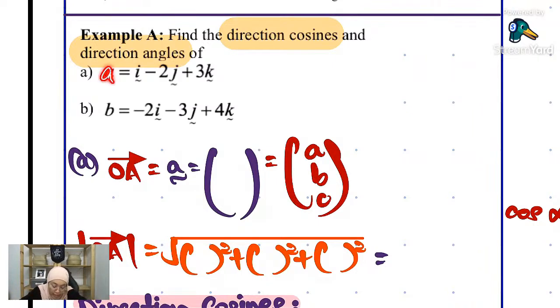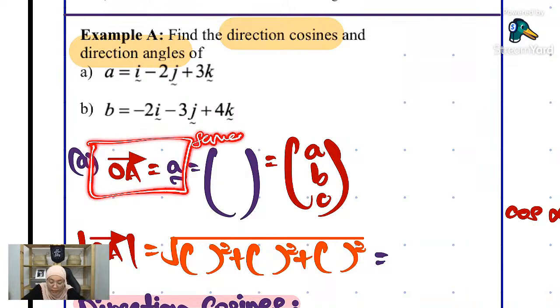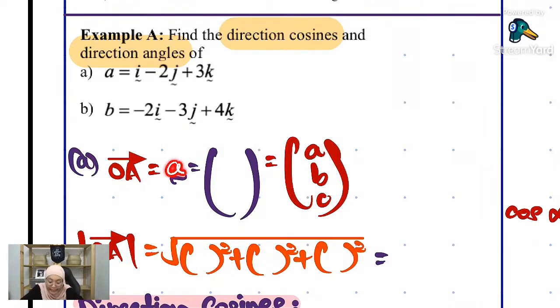Question A: A vector equals i minus 2j plus 3k direction. So my OA or A vector, sometimes I like to write as OA. Basically both of these are the same thing. Don't be surprised if the way of writing is a bit different. This is A vector, this is OA vector.